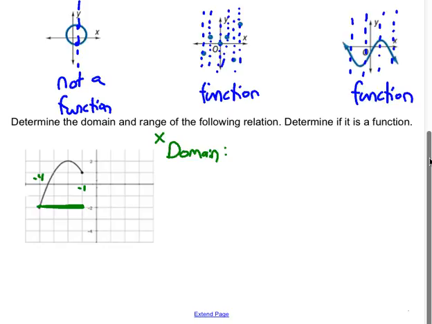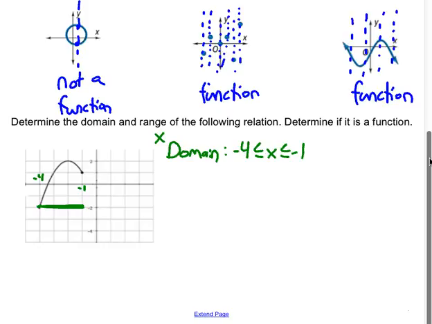Those are what are bounding the x values that I'm able to use. How far left and right can I go? I'm going to show that that is bounding my x. The only x's I'm using are between -4 and -1.